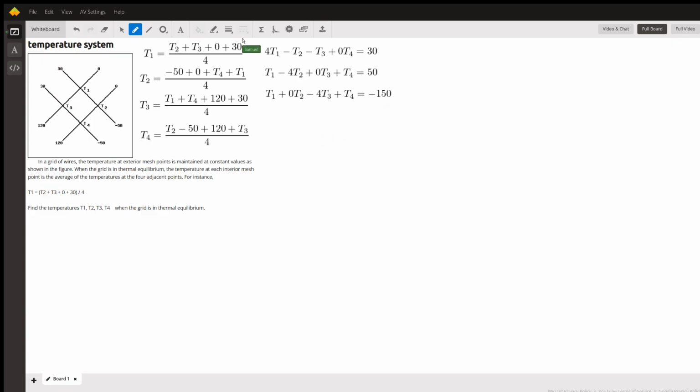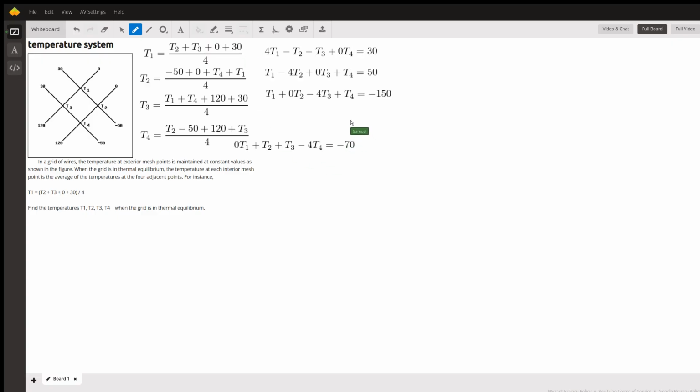And then our final equation, negative 70.